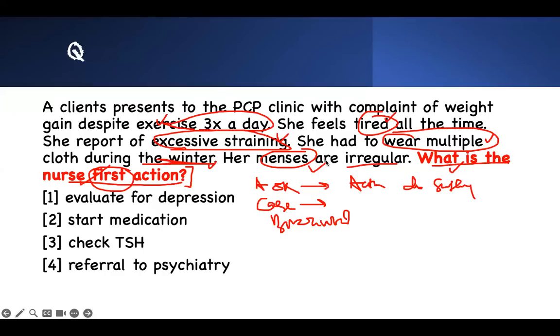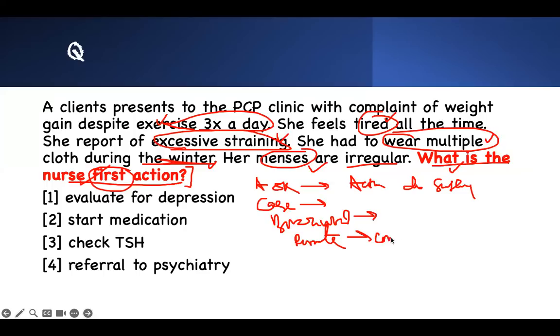Those are our keywords telling me I need to worry about this patient. Those are my buzzwords. So I have my ask, case, and the buzzwords, and I rewrite it the way I want to so that I can understand. I simplify this long question, so I tell myself, a client who is tired, gaining weight, with cold intolerance, and irregular menses. It sounds like something I know.